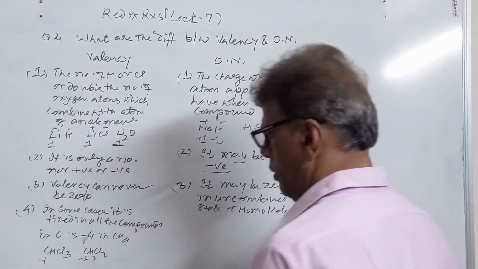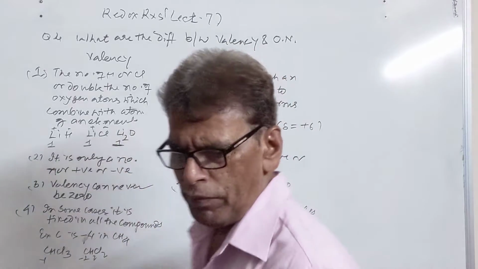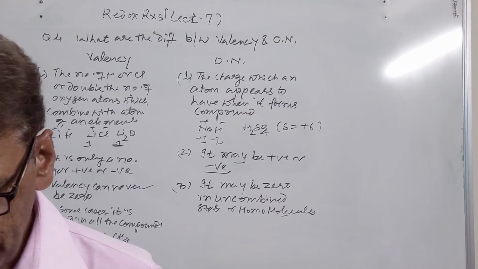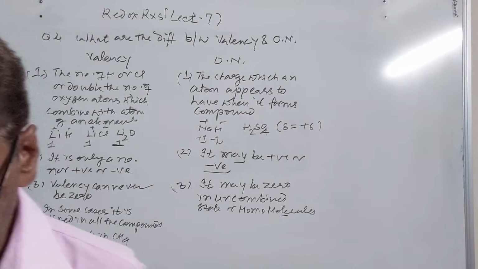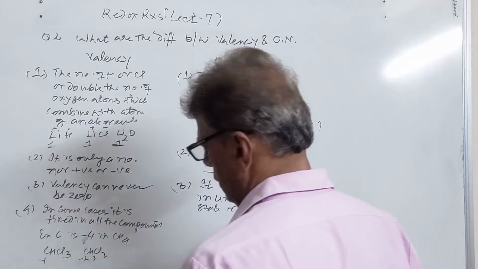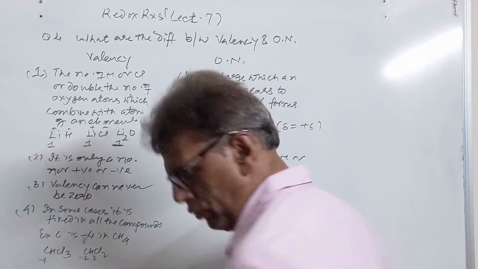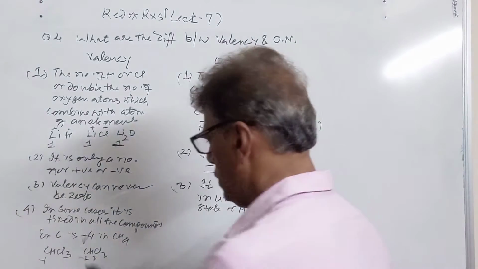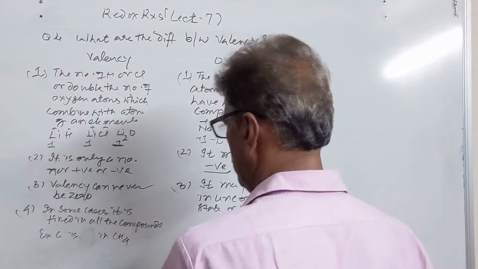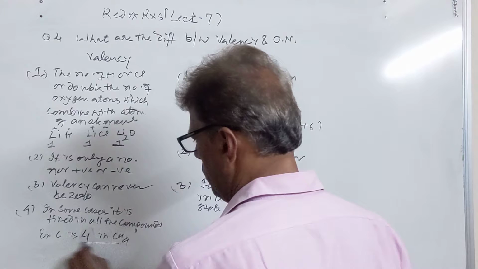So in this manner, oxidation number changes in the compounds, while valency may have the same value. So here in CH4 valency is 4, it is not plus or minus.